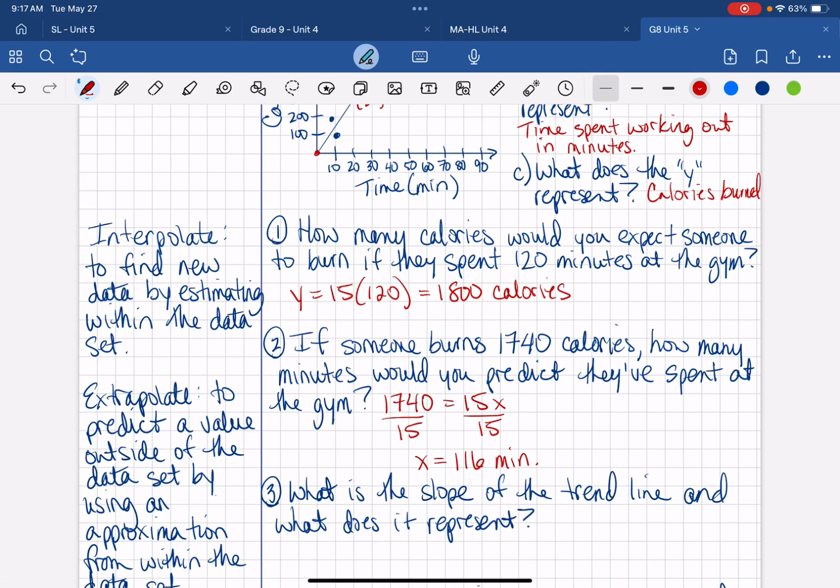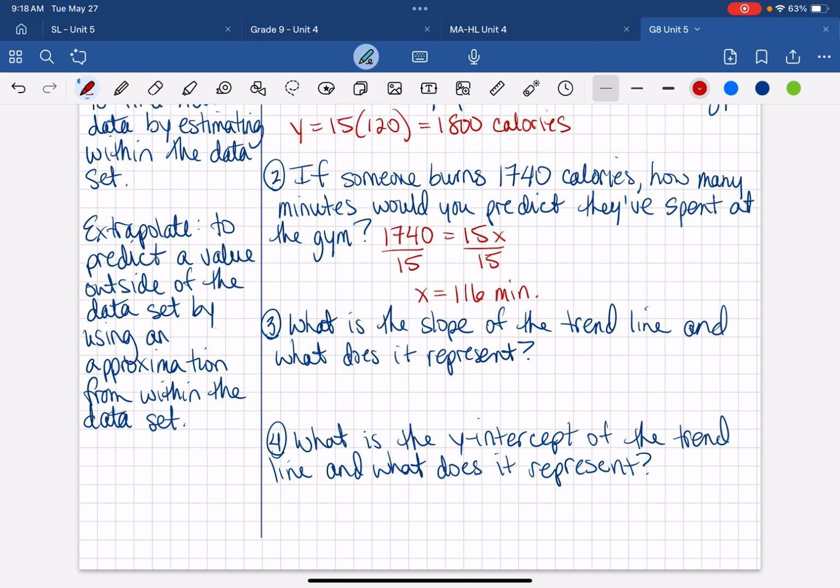Like, if we were to say, what happens if you work out for 4 hours straight? That is not really something that anyone could do. Your body reaches a limit. There's always a realistic element to looking at this information, and you want to keep that in mind.